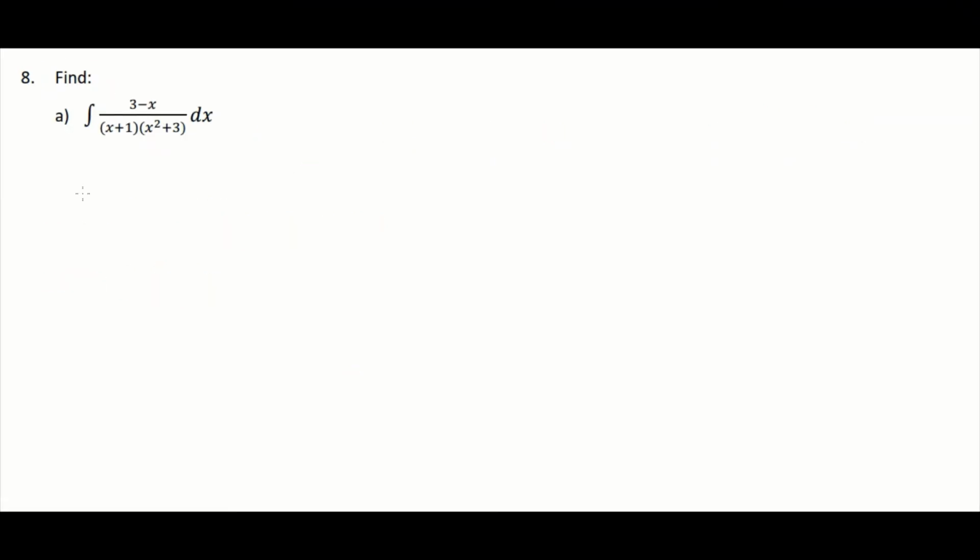Okay, number 8. So as you can see, this is an algebraic fraction, which is combined from different partial fractions. So obviously you can see that this is not something that you can directly integrate. So that's why we need to change it into partial fractions first. Okay, so please try to change it on your own.